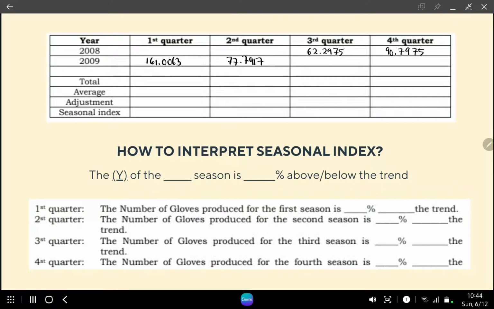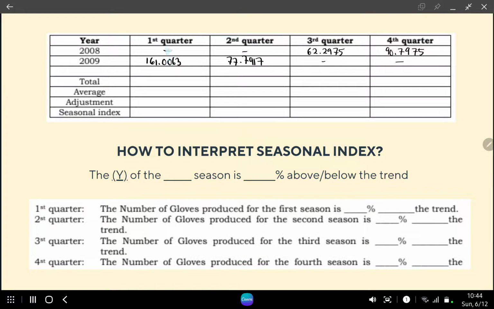For seasonal variation, we didn't have the values for the first quarter and second quarter of 2008, as well as the third quarter and fourth quarter of 2009. So we consider them here as null. Okay, and then we need to find the total of each column.